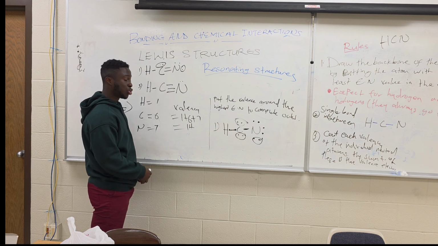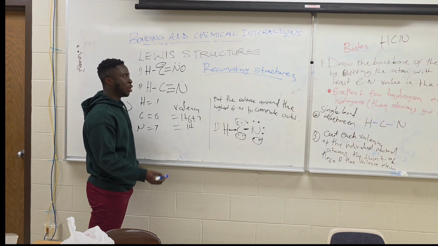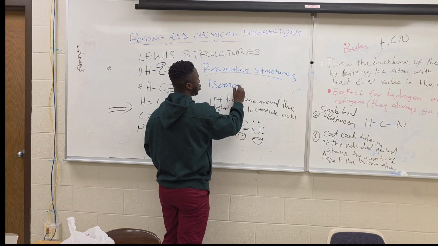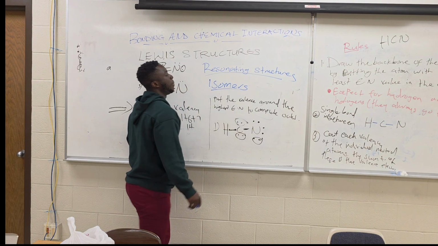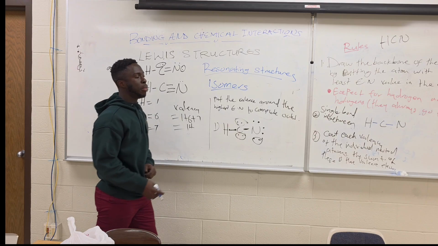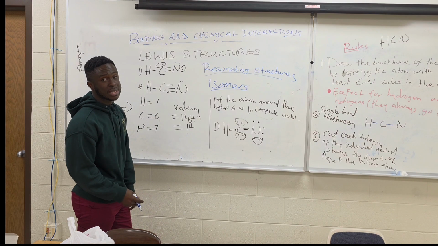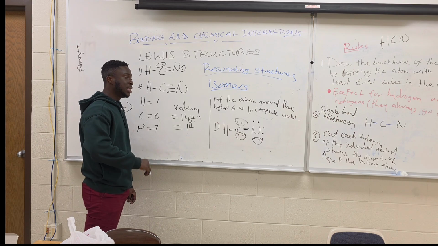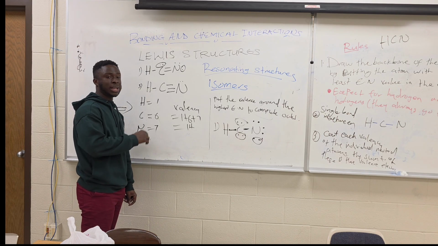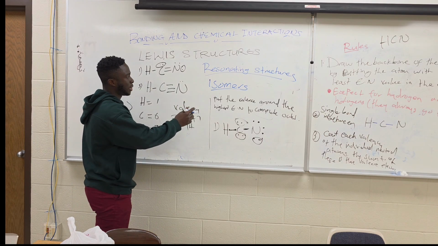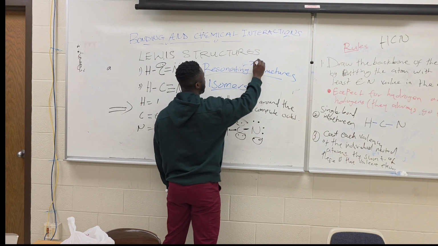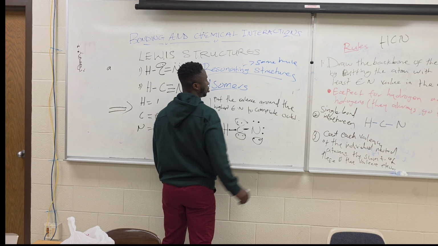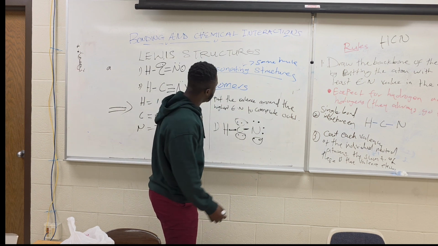Those are resonating structures. And opposite to resonating structures is what we call isomers, right? We are not going to talk a lot about isomers, but if the bond connectivity is different and the orientation of the bonding electrons is also different, they are called isomers. Resonating structures are still the same molecule, the same compound, it has not changed.